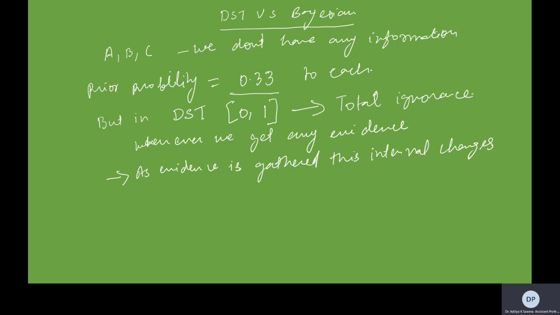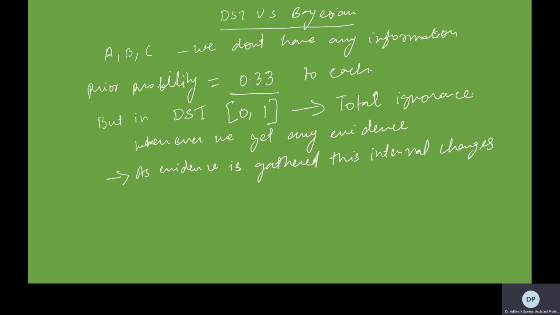DST will give a zero value to the belief of each hypothesis, and it will say that we have an interval of 0 to 1 where we have total ignorance. We cannot figure out how much confidence we have in which hypothesis.